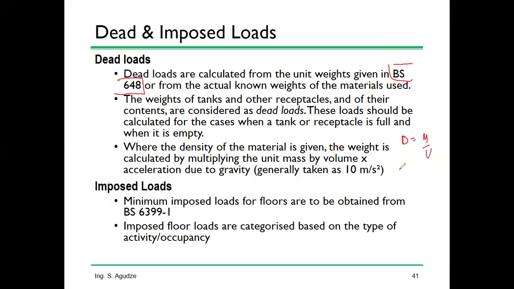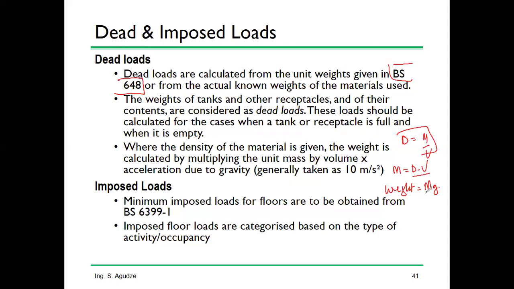So if I want mass, it's density times volume. If I want the weight, what do you think? It's mass times what? Acceleration due to gravity. So this code comprises most of the materials, if not all, and their weight or mass density. So you can use this formula to calculate the mass.